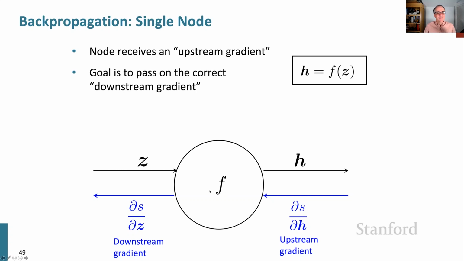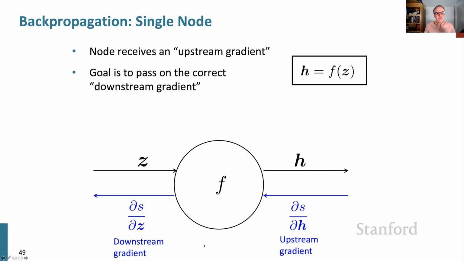The simplest case is that we've got one output and one input, so we'll do that first. That's like h equals f of z. What we have is an upstream gradient, ds/dh, and what we want to do is compute the downstream gradient of ds/dz.